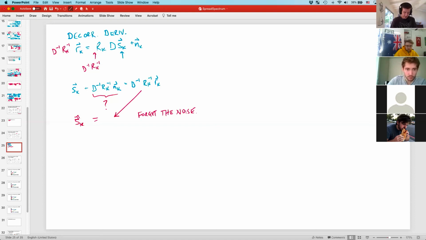Right? It's saying that, hey, I can solve for SK as D inverse RK inverse times RK plus some other stuff. That other stuff depends on the noise. I don't know anything about the noise. If I assume it's zero mean, then maybe this is a reasonable thing to do. But this is just simply D inverse RK inverse times RK.